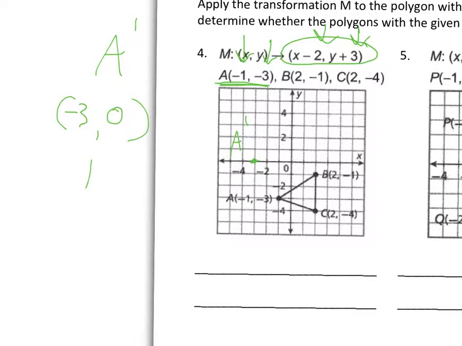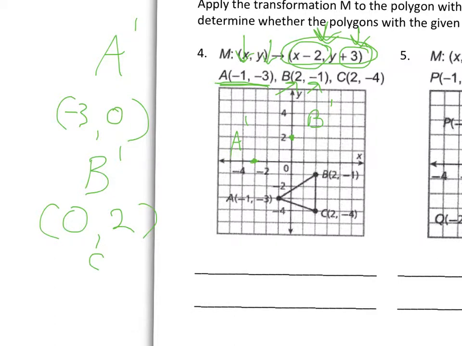Okay, now we'll do B. We're going to have 2 minus 2. Remember, we're still looking at this. So 2 minus 2 would be 0. And then -1 plus 3 would be +2. We'll graph that point, 0, 2. And that's my image of B.